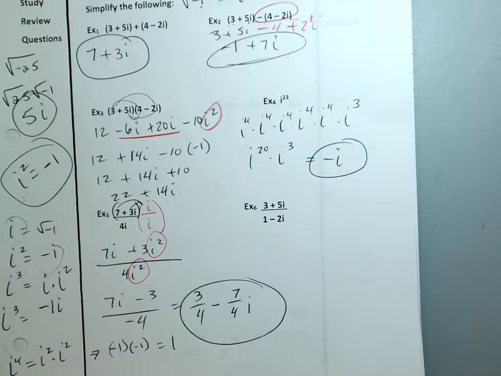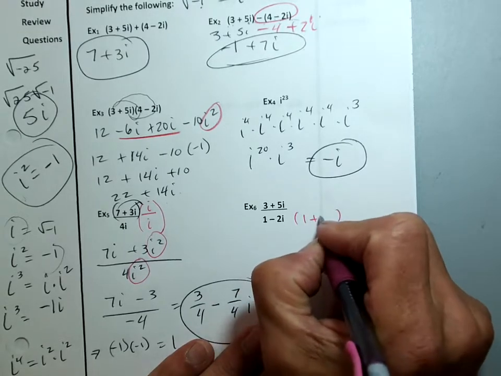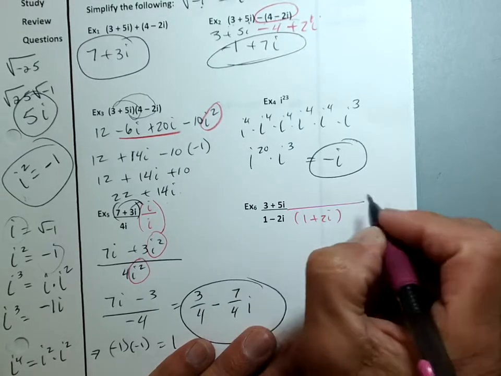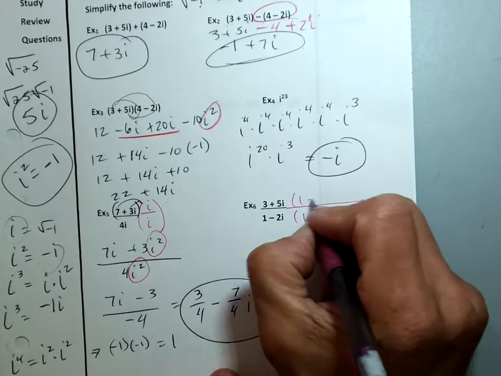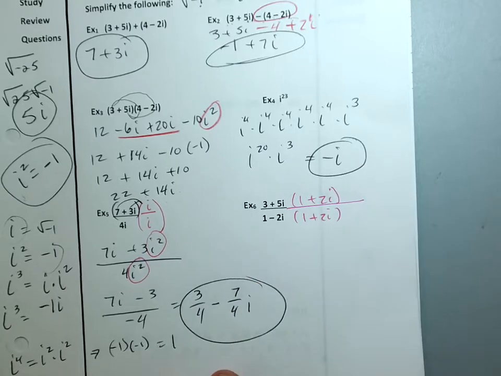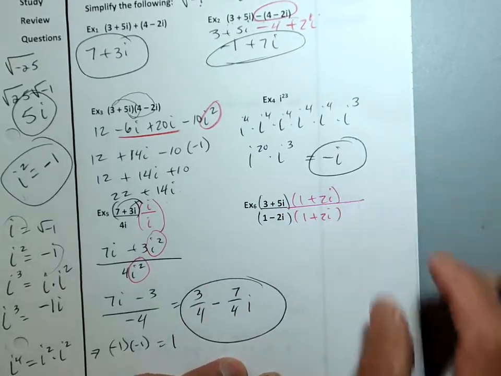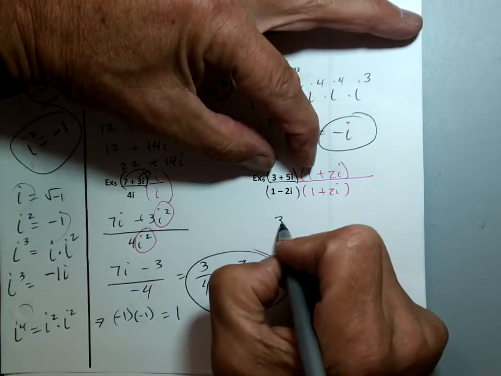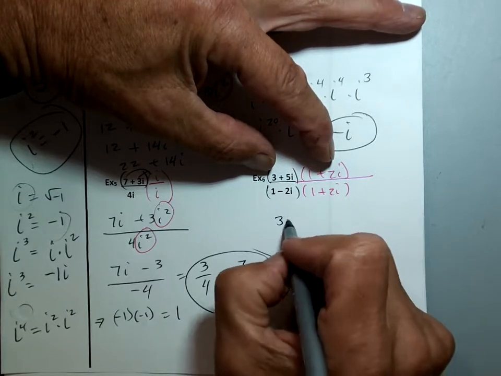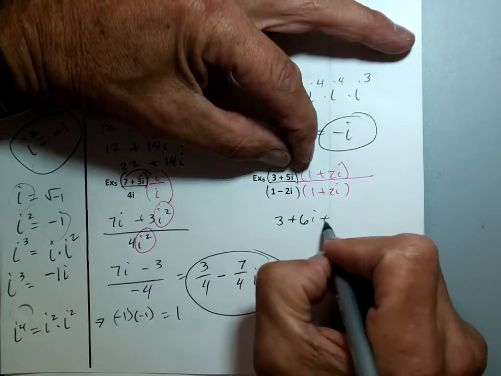So if I multiply top and bottom, numerator and denominator, by the conjugate, which is 1 plus 2i, then I'm going to FOIL the top and I'll FOIL the bottom. You'll see what happens. On the numerator, 3 times 1 is 3. 3 times 2i is a 6i. 5i times 1 is a positive 5i.